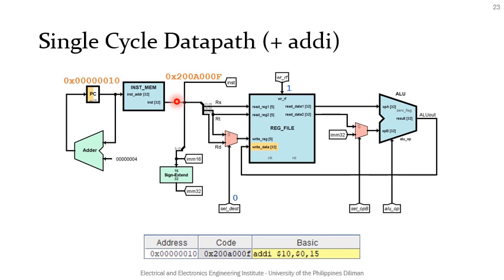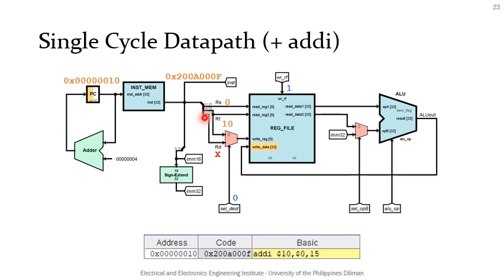Note that the positions for RS, RT, and RD are fixed. Thus, even as the instruction code has not yet been processed by the hidden control unit, RS and RT values of 0 and 10 can already be fed to the register file.